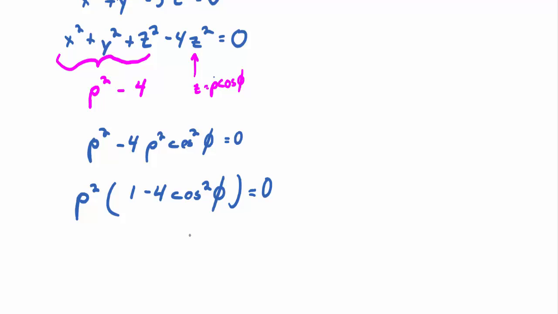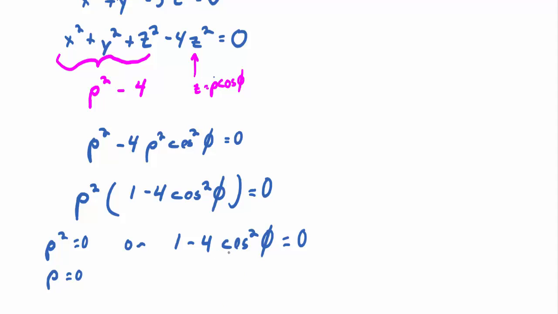I've got a factorization. I'm going to set both of these factors equal to 0. And if I do that, I get rho squared equals 0, which means rho equals 0. It doesn't tell me a whole lot, does it? Or 1 minus 4 cosine squared phi equals 0. That tells me something.